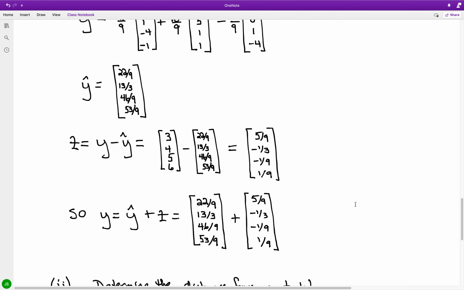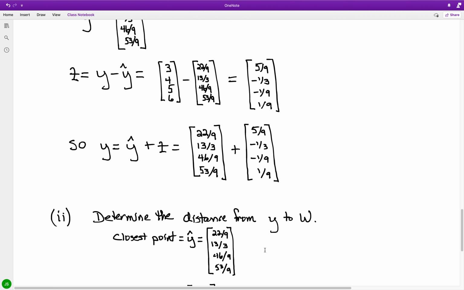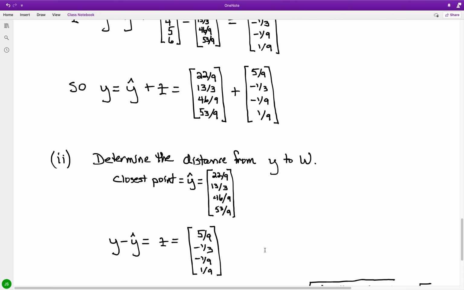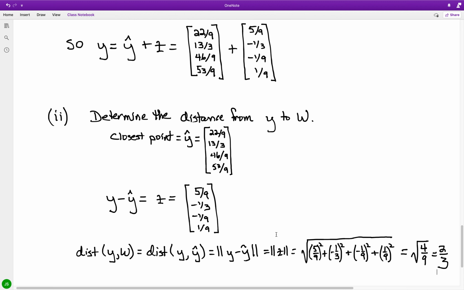Now, if you were to also determine the distance from y to W, the closest point is the projection, which is still 22 ninths, 13 thirds, 46 ninths, and 53 ninths. The difference came out to z, again 5 ninths, negative 1/3, negative 1 ninth, and 1 ninth. The distance from y to W is the same as the distance from y to the projection.